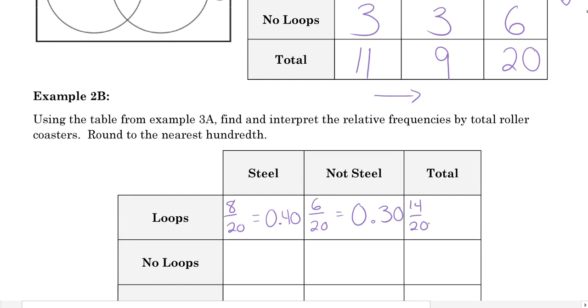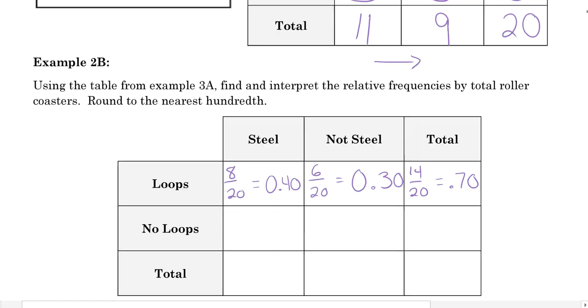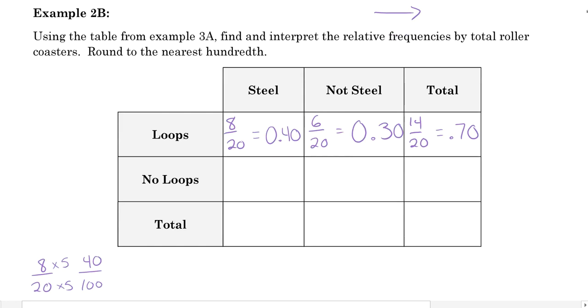Okay, 14 times 5 would be 70. Okay, and so 70 hundredths would be 0.70. Okay, go ahead and fill in the last of that box on your own, and then we'll come back together and you can check your work. So pause your video right now.